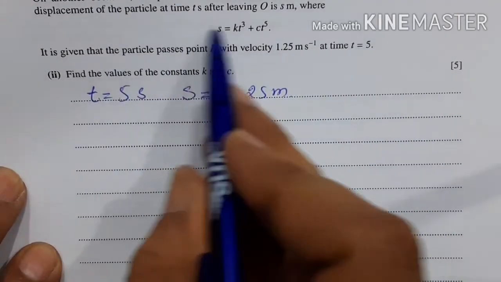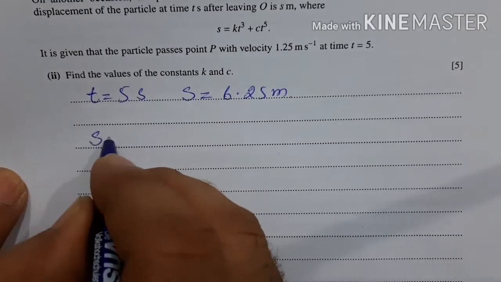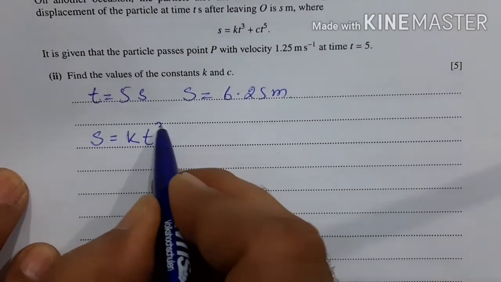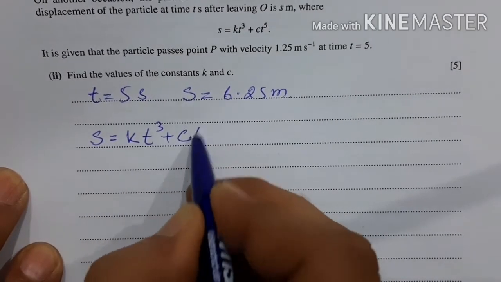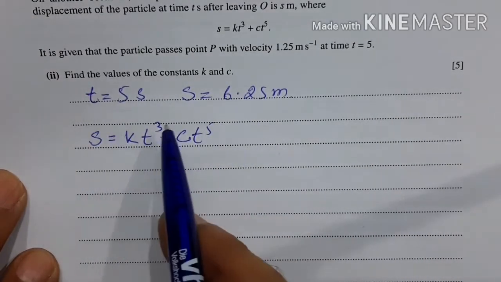Now the equation is given, s is equal to kt cubed plus ct to the power 5. So I'll put the value of s and t here.